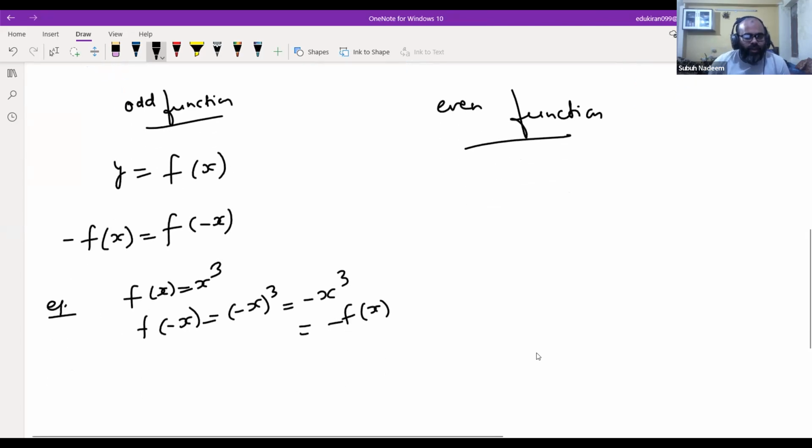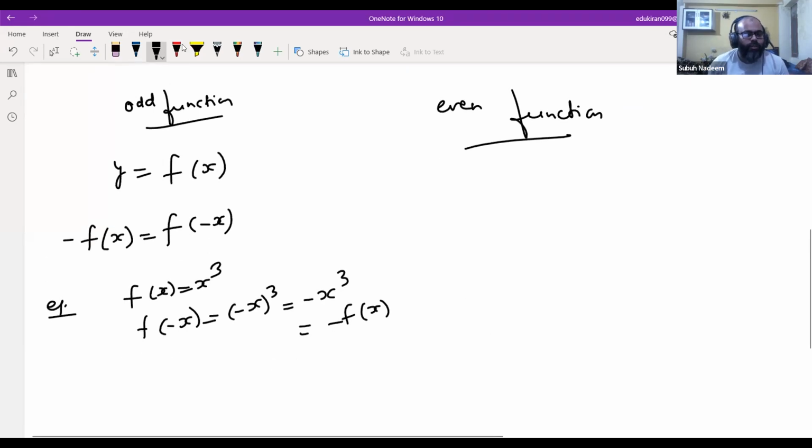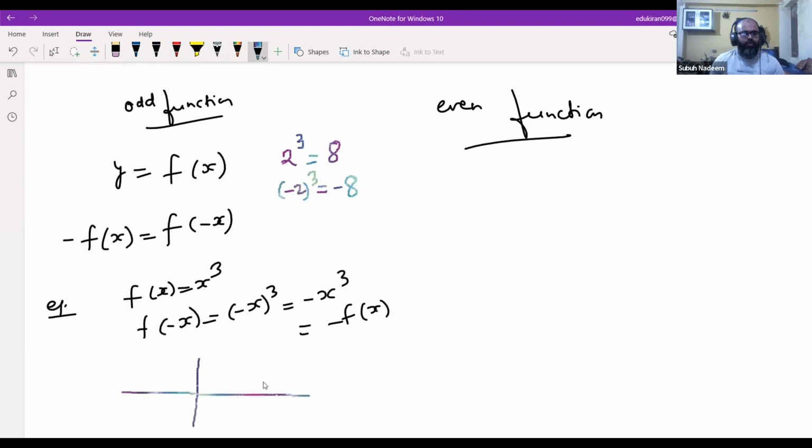So graphically, what is happening over here, if you see the graphical portion of this: suppose you take 2, so 2³ is equal to 8, and (-2)³ is equal to -8. So as you change the sign of the input, you get the opposite sign of the output with the same magnitude.